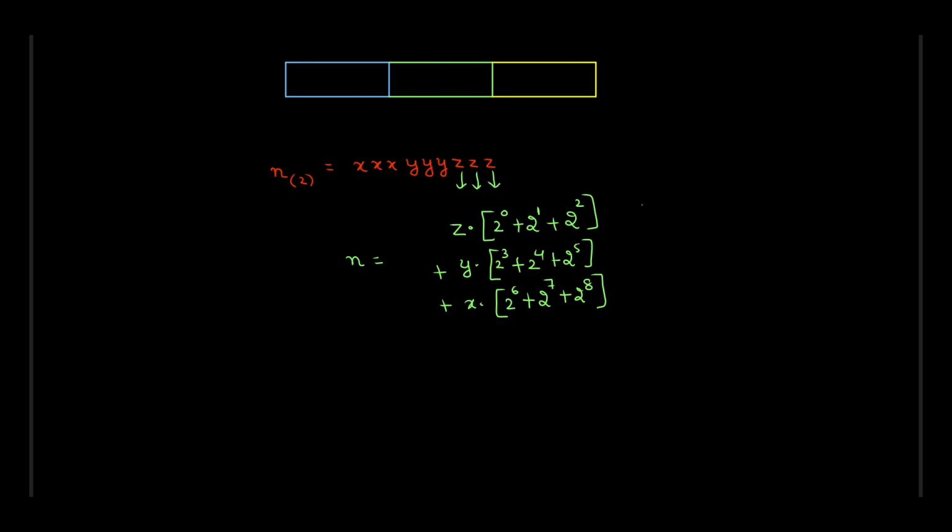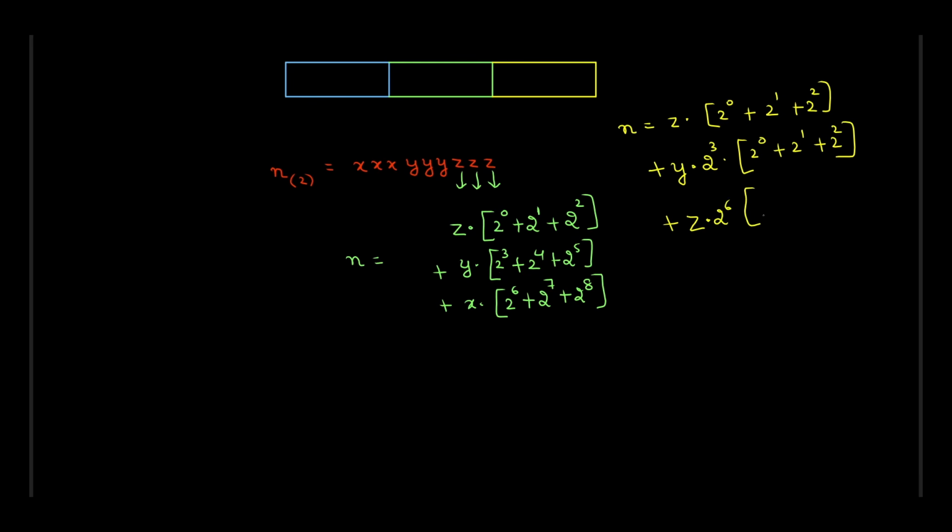So how do you simplify this? n is equal to z into 2 to the power 0 plus 2 to the power 1 plus 2 to the power 2, plus y into, once you take out 2 to the power 3 common, 2 to the power 0 plus 2 to the power 1 plus 2 to the power 2, and once you take out 2 to the power 6 as common, you will have 2 to the power 0 plus 2 to the power 1 plus 2 to the power 2.